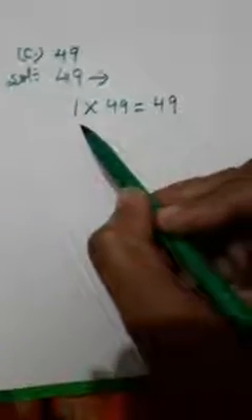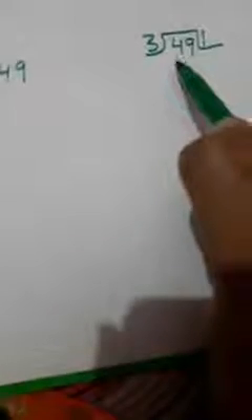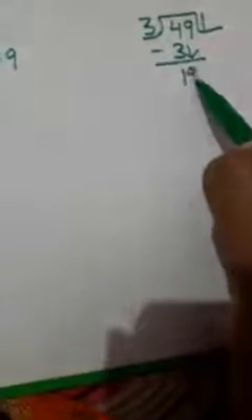By 3. By 3 it will be divisible or not, we have to check it by dividing. So if we divide it by 3, 3 ones are 3. 9 we have to take, 3 6s are 18.